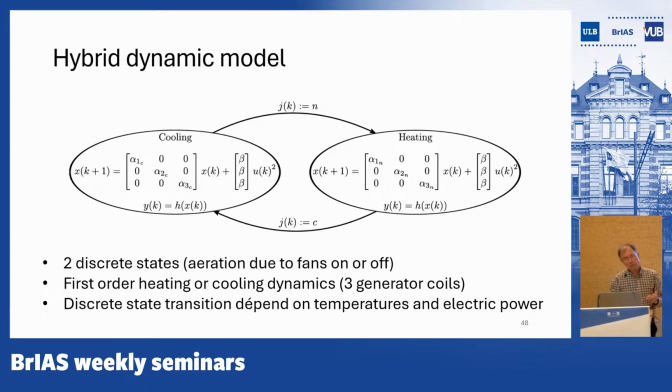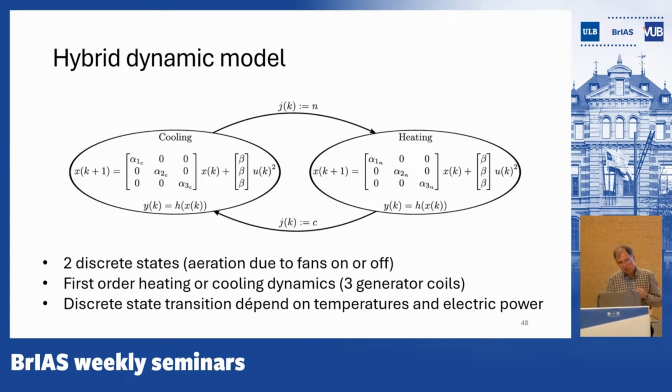And what we have been able to show is that, again, using a very simple dynamic model, a first order dynamic model actually, one for the cooling of the coils, so when the cooling system is operational, one for the heating of the coils when the cooling system is not operational, because this cooling system works in on-off mode.